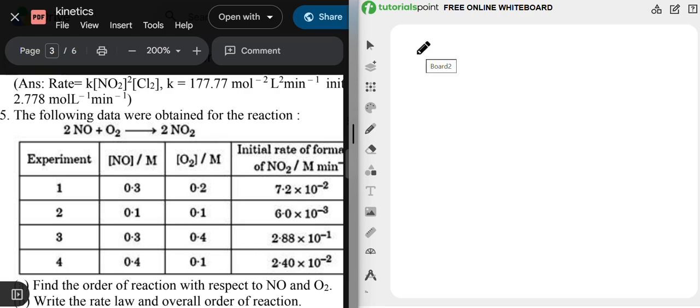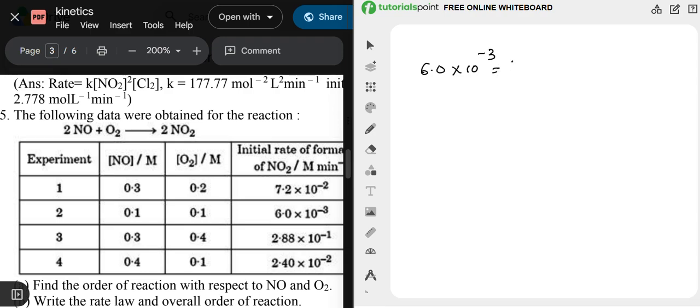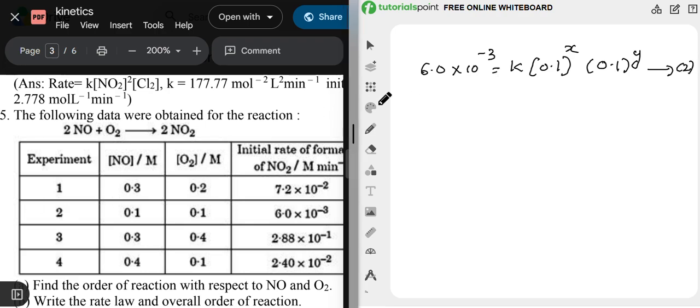Rate is equal to K into NO raised to X, O2 raised to Y. So in the second data, 6 into 10 raised to minus 3 is equal to K into 0.1, NO's concentration is 0.1 over there, raised to X into 0.1 raised to Y. Equation 2, because I took it from the second data.